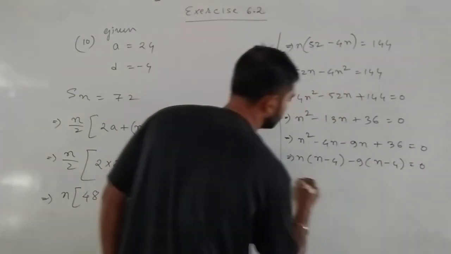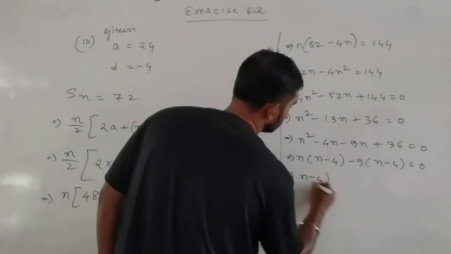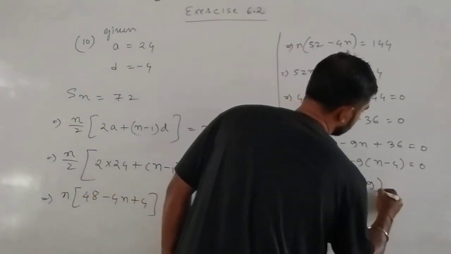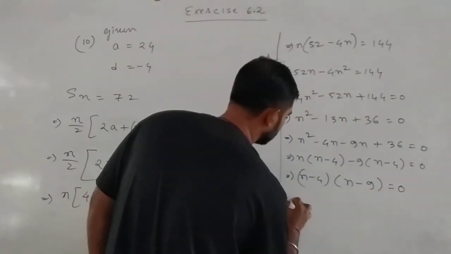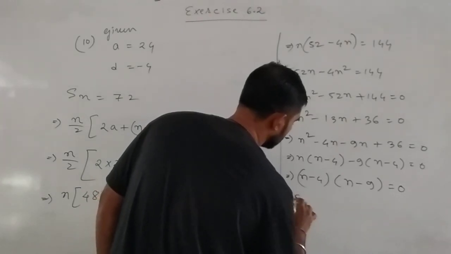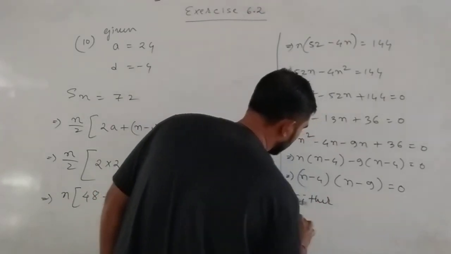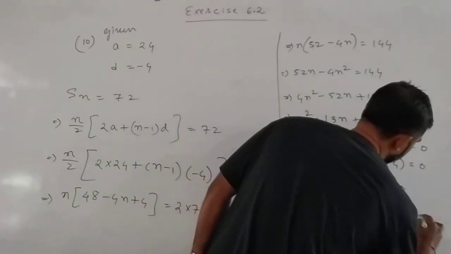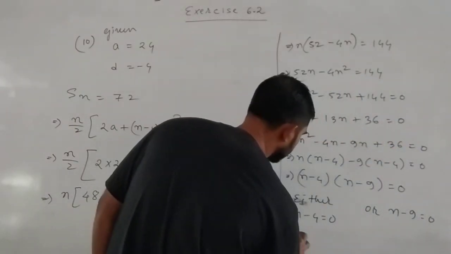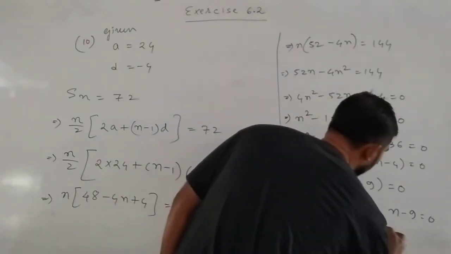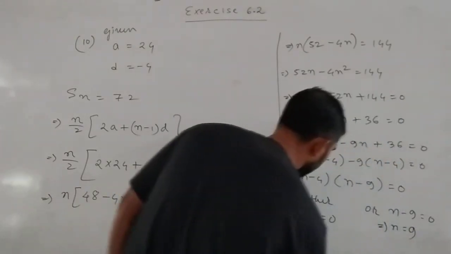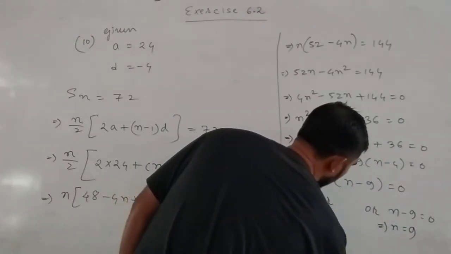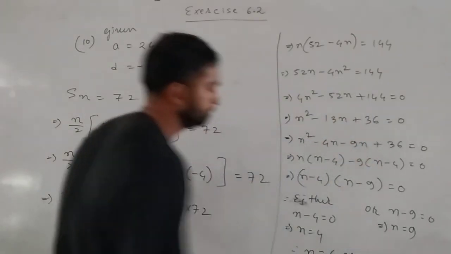Either n minus 4 equal to 0 or n minus 9 equal to 0. Which implies n equal to 4 or n equal to 9. So n equal to 4 or 9.